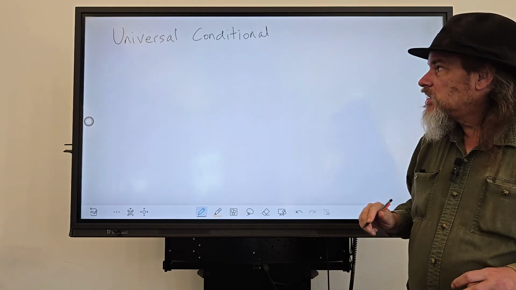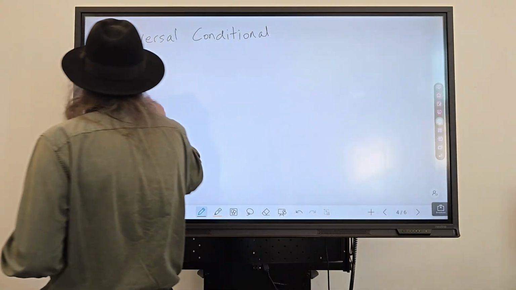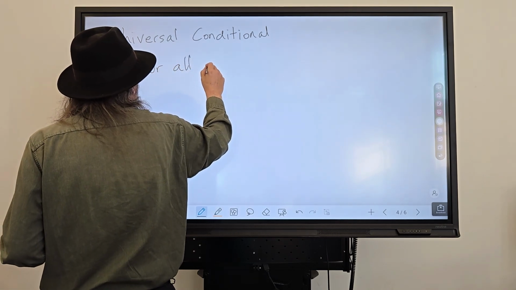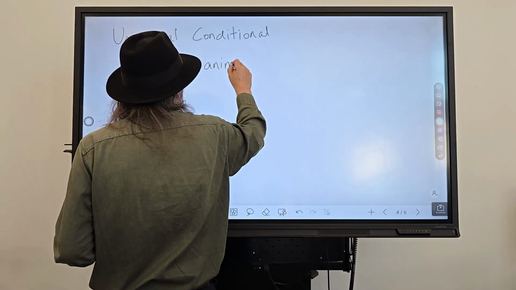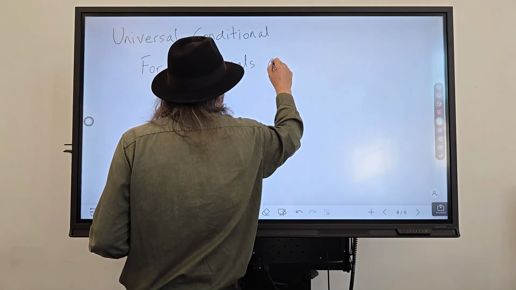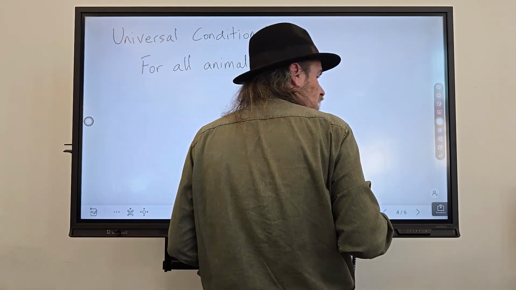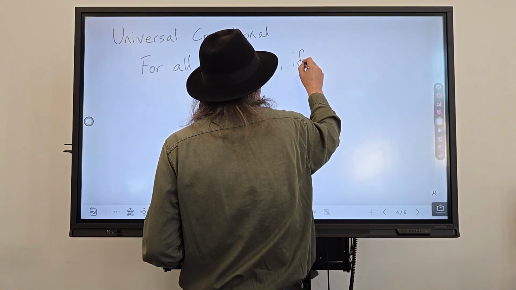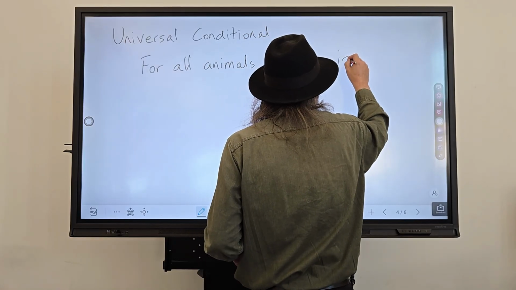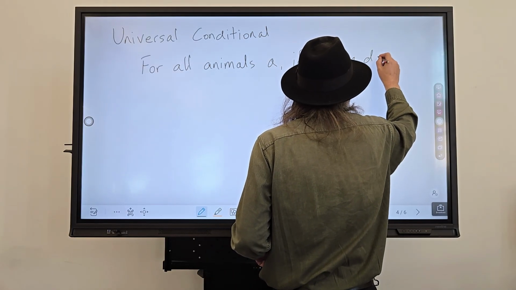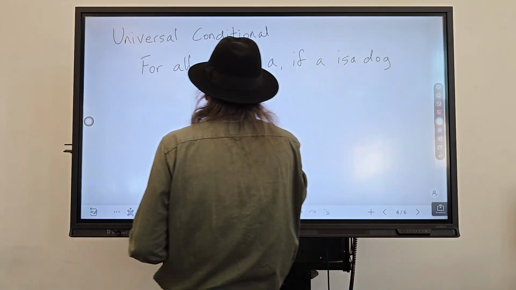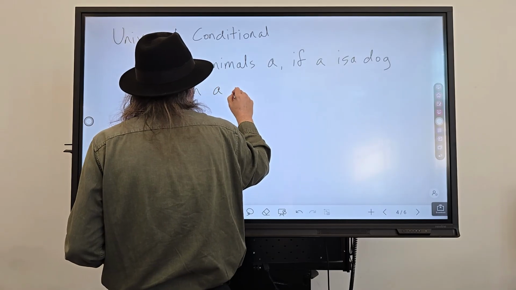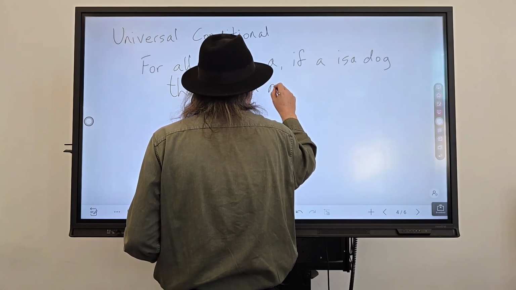So, for all animals A, if A is a dog, then A is a mammal.